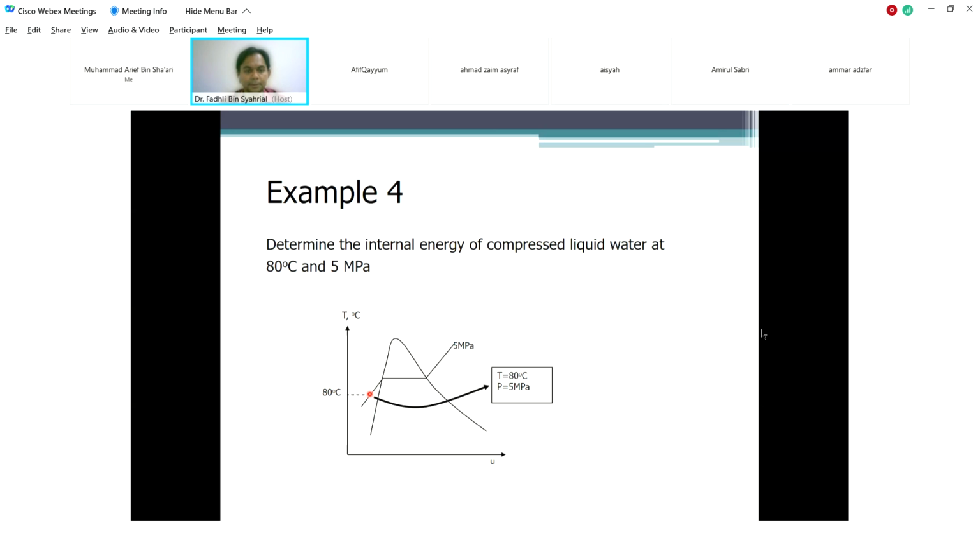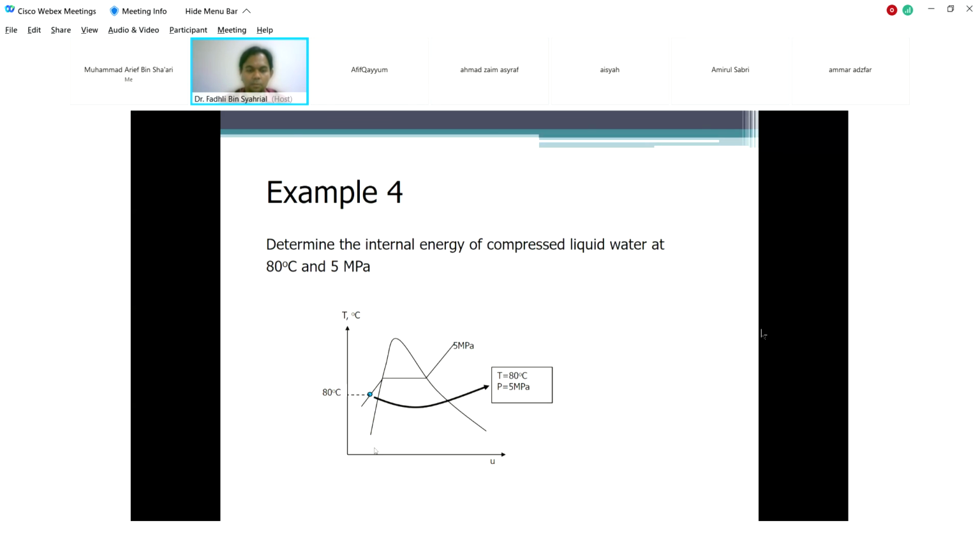The temperature is 80 degrees C. Now we have to determine internal energy. So you have to change the symbol here to U. Then draw a vertical line. This is U that we want to find.